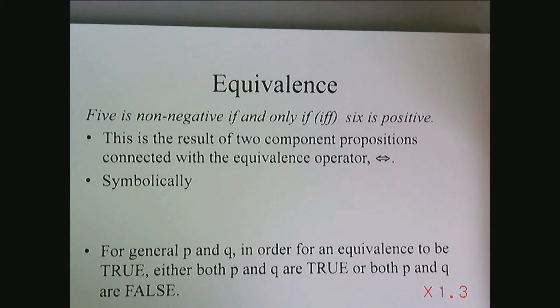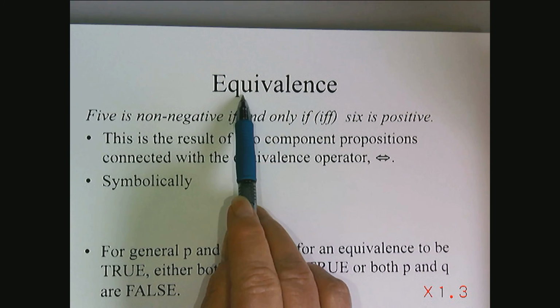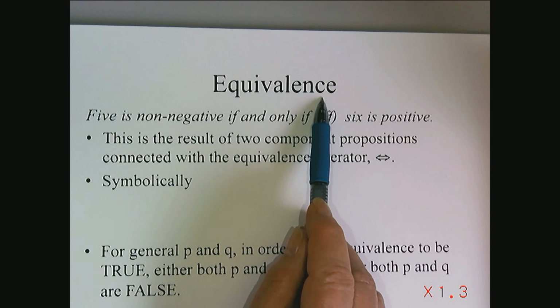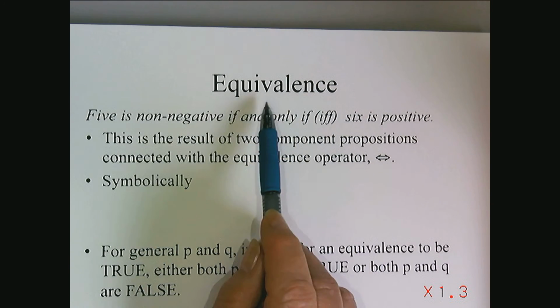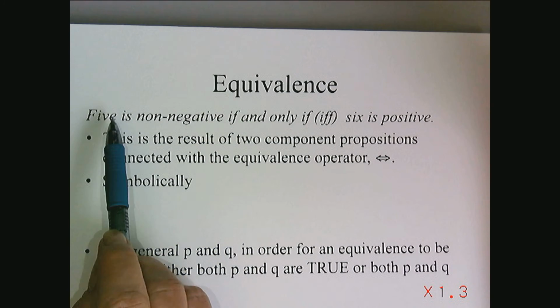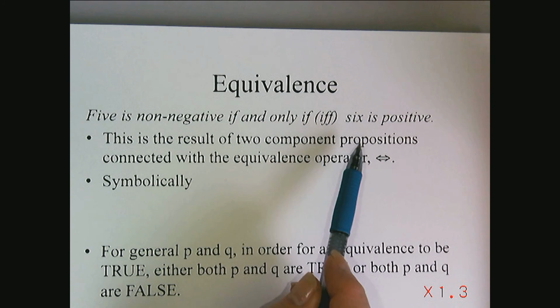So, the last of the Boolean operators I want to talk about is the equivalence. We're going to be using this a lot to prove our programs correct. But the idea here is it's an if and only if. So 5 is non-negative if and only if 6 is positive.